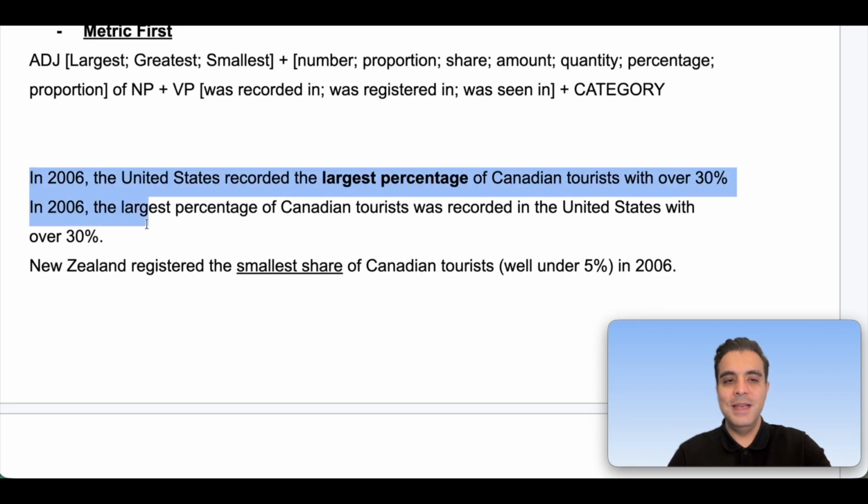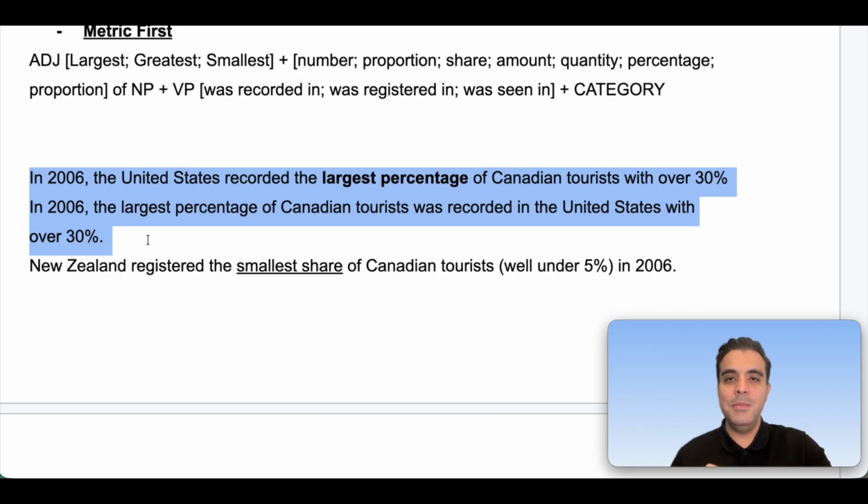So as you can see, these are two sentences that are describing the same point in my data, but look at how different the structures are. I've tried to keep a lot of the lexical choices the same, just to help you wrap your head around how these two structures are structurally different or grammatically different.